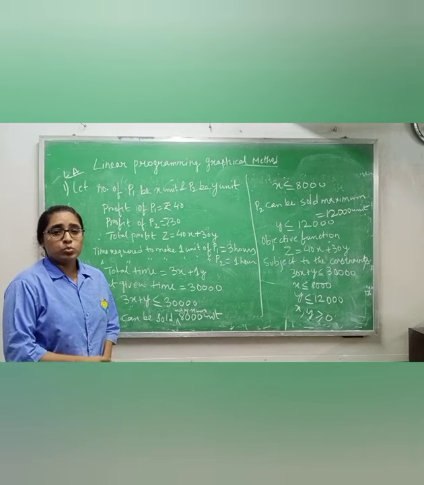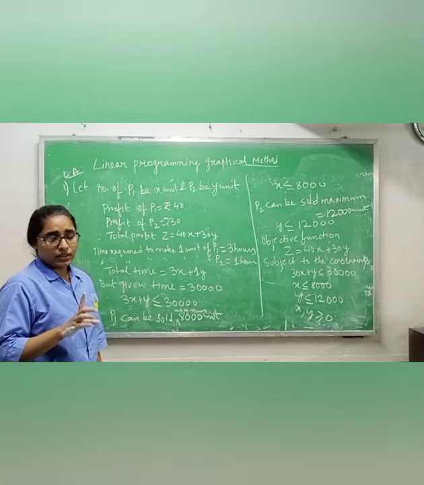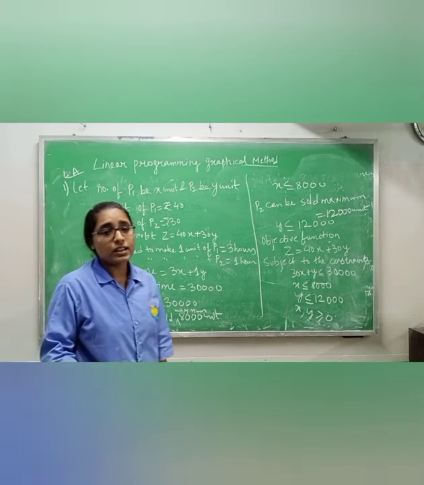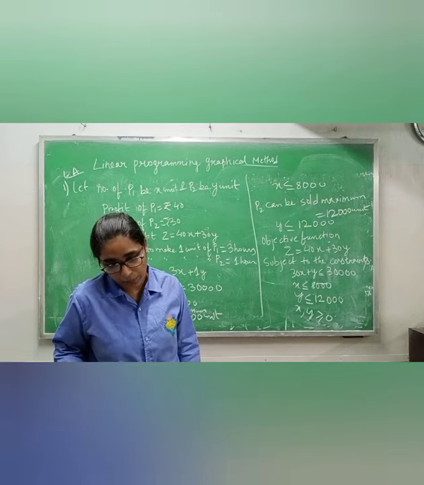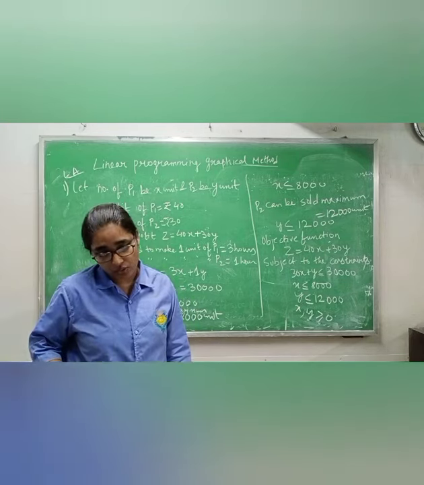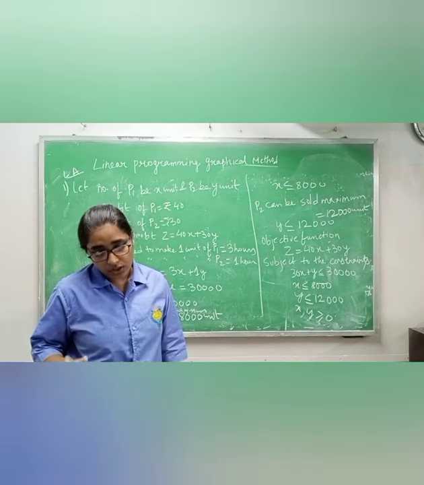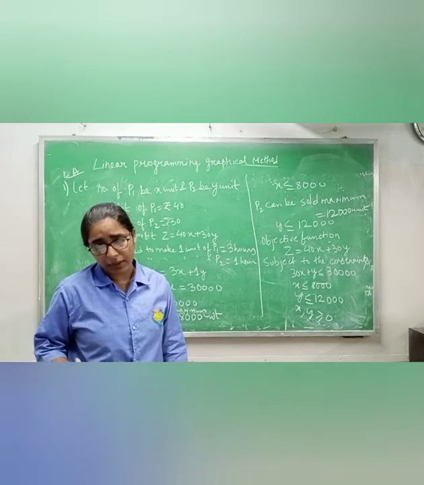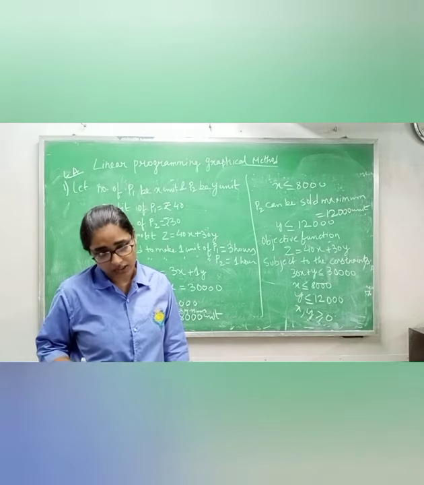Okay, see, profit per unit of P1 is 40 rupees and profit of P2 is 30 rupees. Okay, and then total manpower is 30,000. Okay, and for producing P1 they are taking 3 hours and for producing P2 they are taking 1 hour.